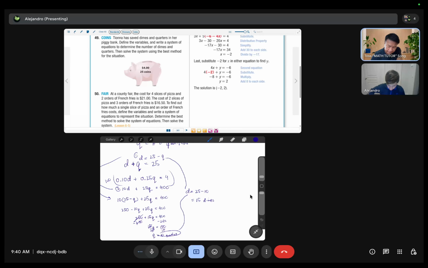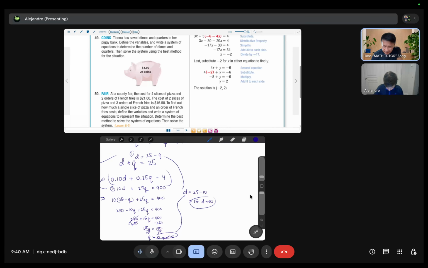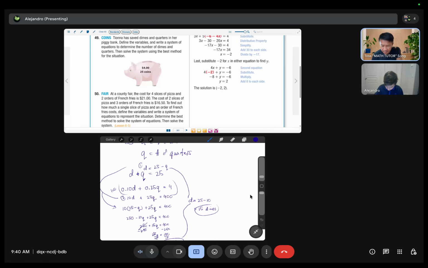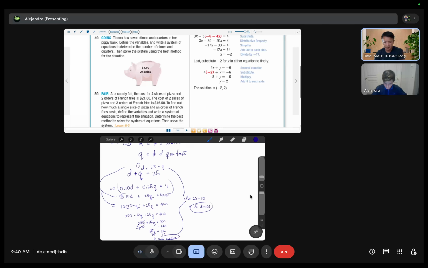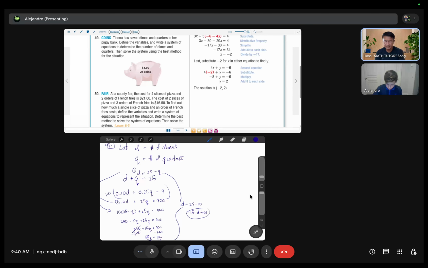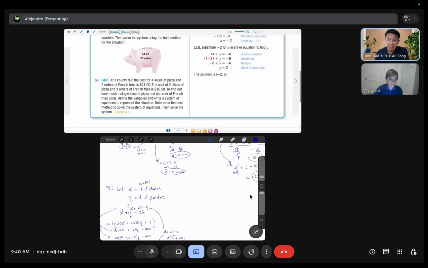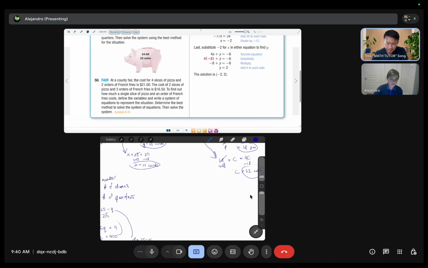There you go. And you can kind of check it. 15 plus 10 is 25. And the other one, I just kind of trust that it will work. 0.10 times 15 plus 0.25 times 10 will give you 4. You can check them if you want. All right, let's see.